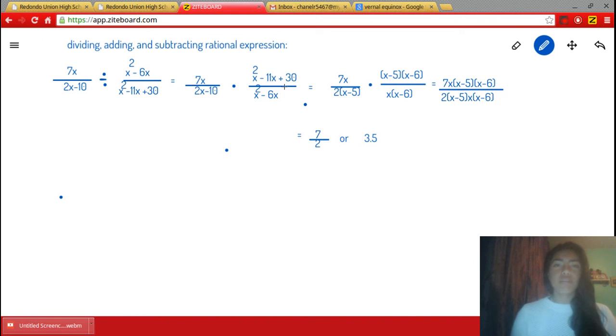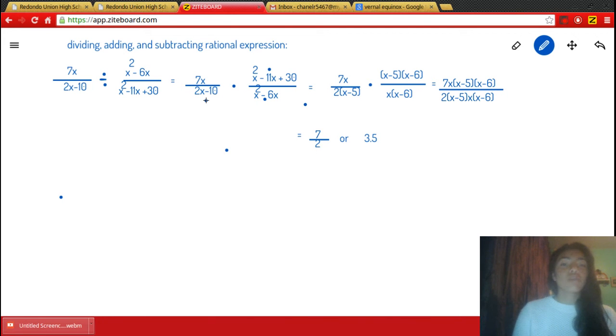Now, like we did for multiplying, we're going to have to simplify the expressions. For this one, we must complete the square. For this one, we have to figure out what one thing we can take out and if it's enough.